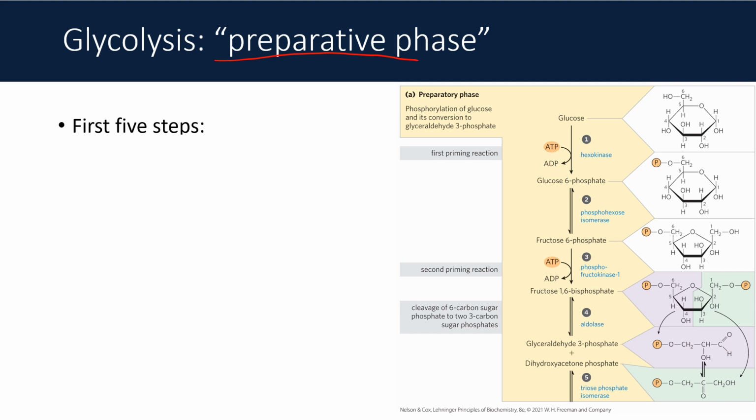And in the preparative phase, we will accomplish the following. We will consume 2 ATP, not gain. The delta G of the metabolic intermediates will go up, which means we are destabilizing the molecule or activating it.